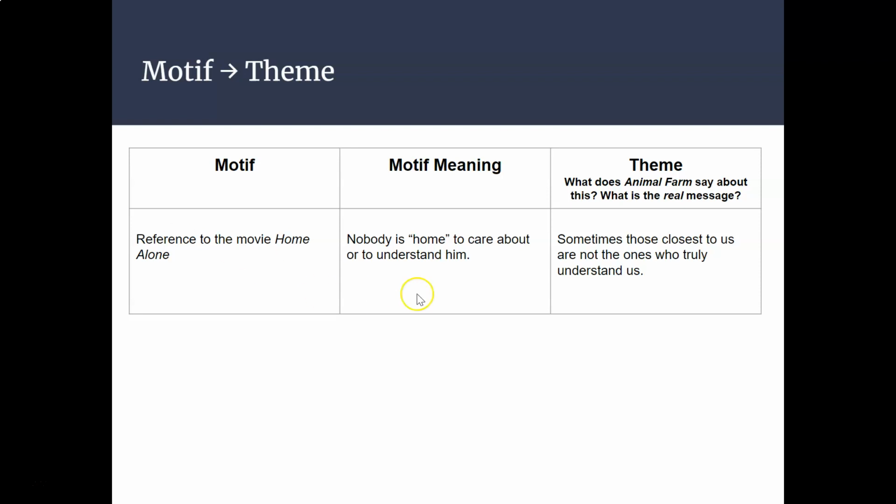So the meaning there, if we're digging a little deeper, would be that nobody's home to care about or understand him. That's what the movie Home Alone is about, right? The kid, Kevin, got left home alone. Nobody was home to take care of him. And that is how the poet, Chen Chen, is feeling in that same room with his parents as he brings home his partner to a dinner party.